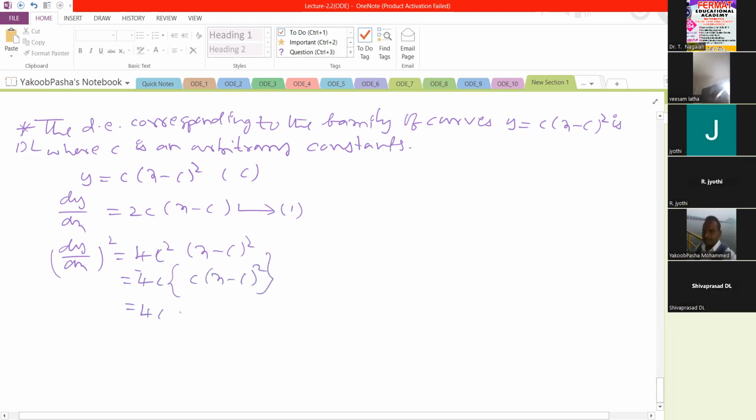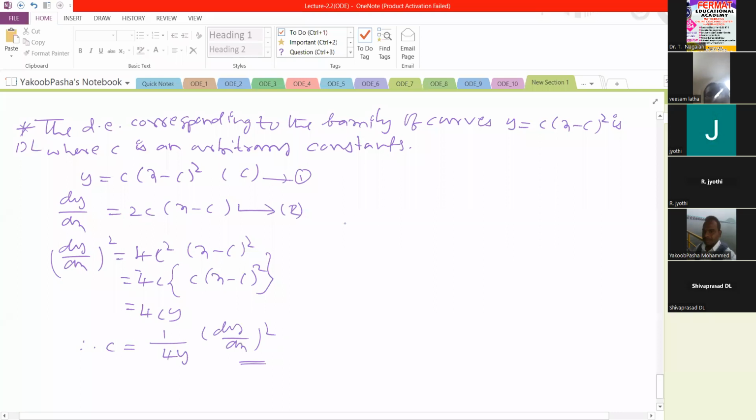Here 4c into c into x minus c whole square is nothing but y. This is equation number 1 and this is 2. So this is 4cy. Now we can write the c value from this. Therefore c is equal to 1 by 4y into dy by dx whole square. This is the c value.